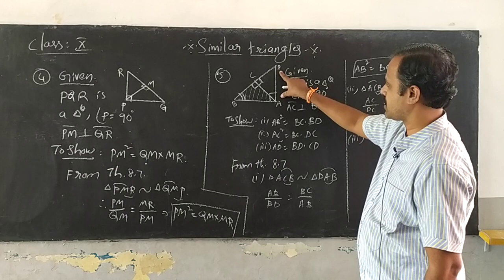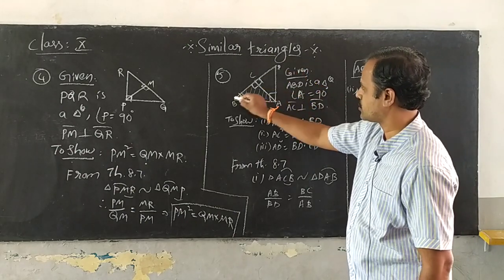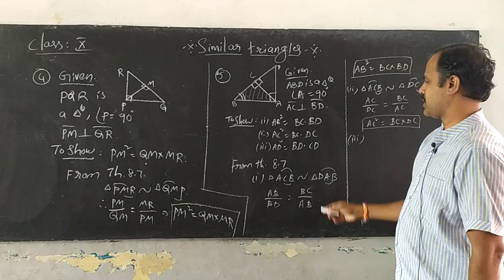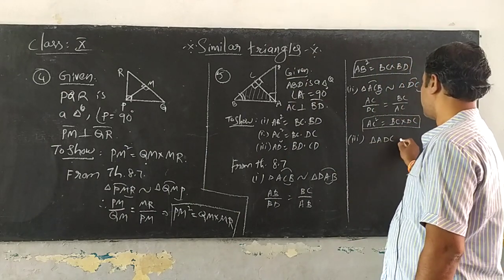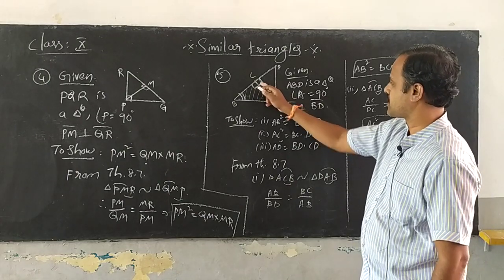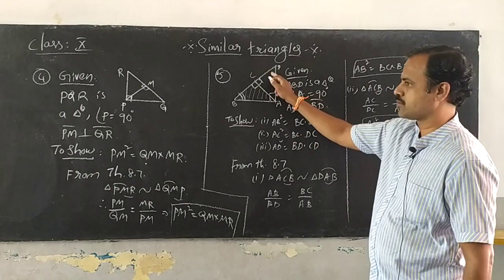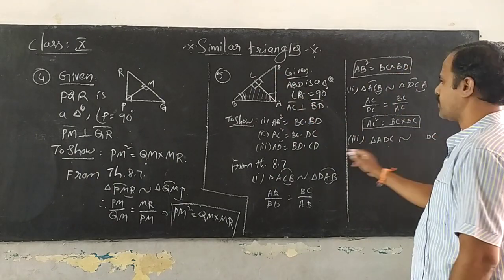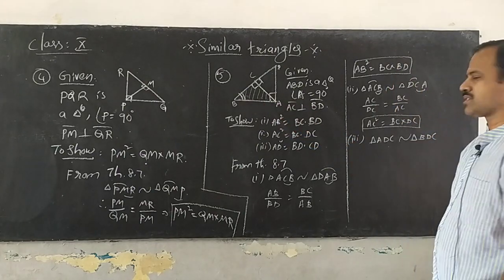AD comes in the small triangle and also in the total triangle. So we take triangle ADC similar to triangle, C is corresponding to A, so I take A; D corresponding to D; and what is remaining is B. So this is the way you have to select.